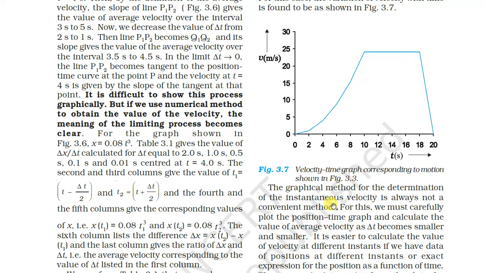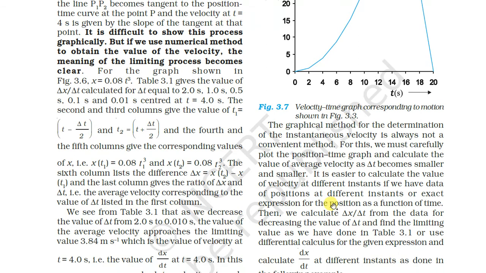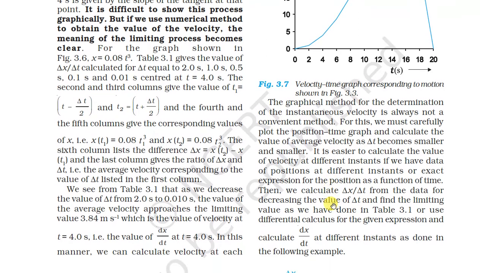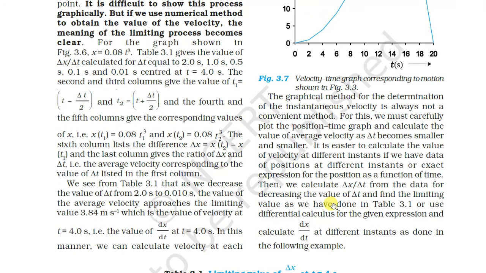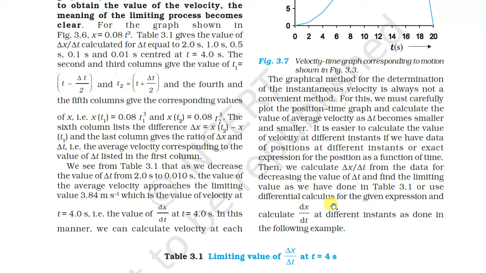So the graphical method for determining instantaneous velocity is not always convenient. For this, we must carefully plot the position-time graph and calculate the value of average velocity as delta t becomes smaller and smaller. It is easier to calculate the velocity at different instants if we have data of position at different instants, or an exact expression of position as a function of time.